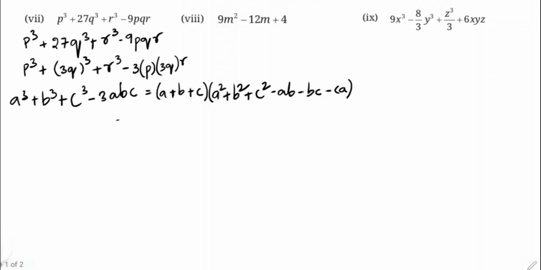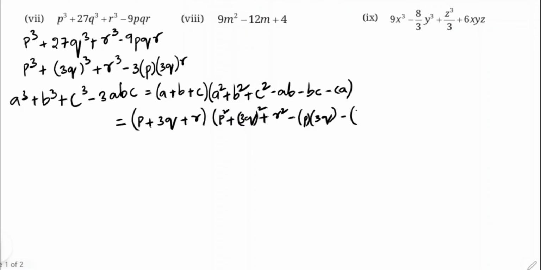Okay, so let us write a is p, b is 3q, c is r, so a plus b plus c is p plus 3q plus r. These are all in squares, so let us write down square minus ab, p into 3q, minus bc, 3q into r, minus ca, r into p.